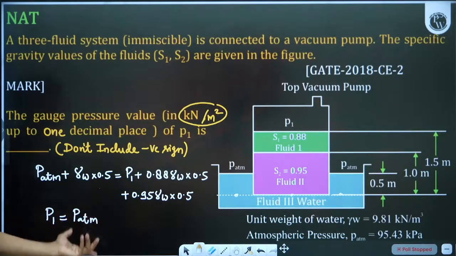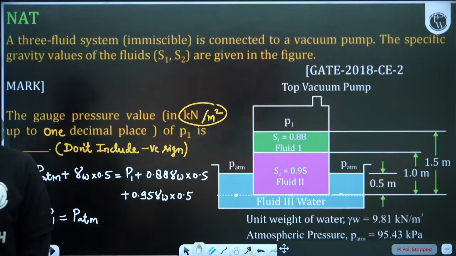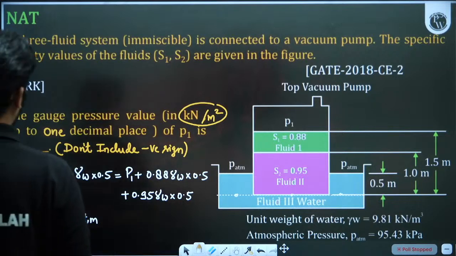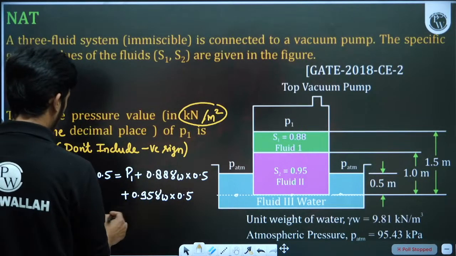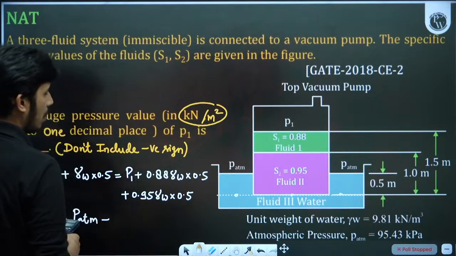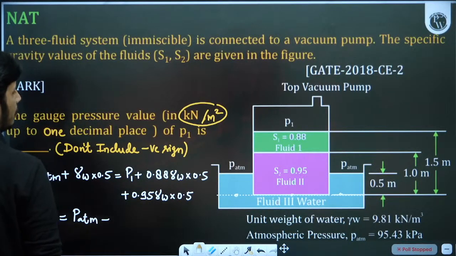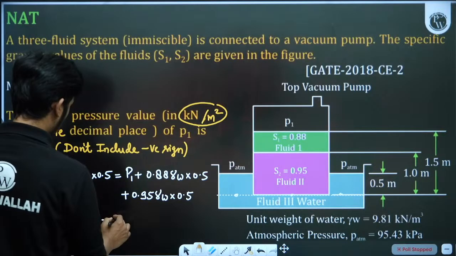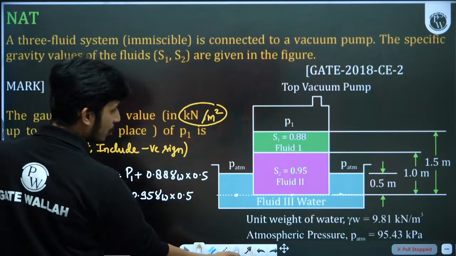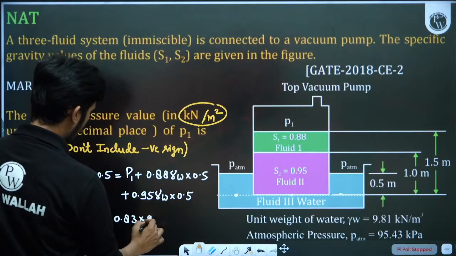Will it be minus or plus? Let us check. It will be minus, because 0.88 plus 0.95 gives 0.83 gamma W. What is 0.83 gamma W? 9.81 into 0.5.